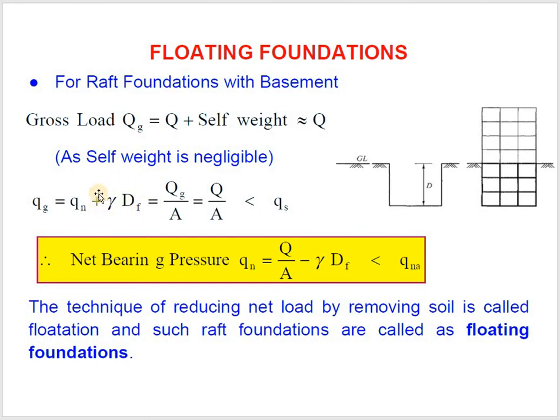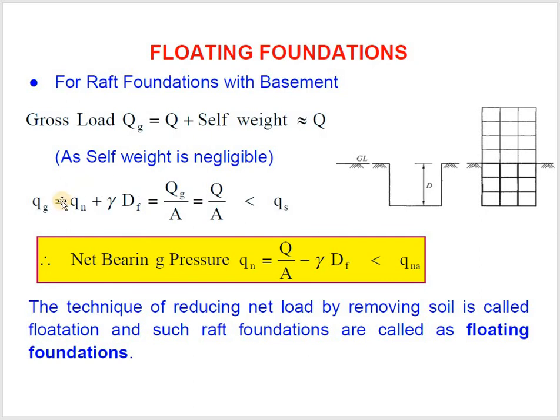Already we have studied. The surcharge is actually the weight of the soil into the depth of the footing. So the gross pressure is net pressure plus surcharge, and this gross pressure must be less than the safe pressure. So what is the safe pressure? It is the gross pressure divided by a factor of safety. Now let us see if the net bearing gross pressure.